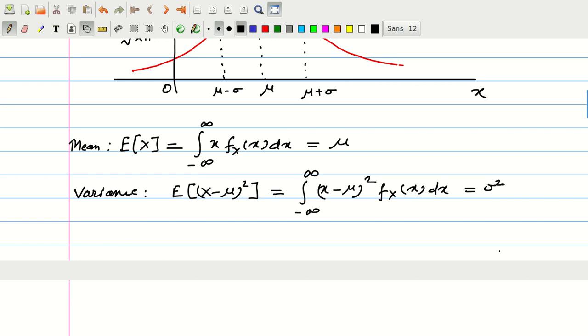So, in a separate module we will prove these expressions.